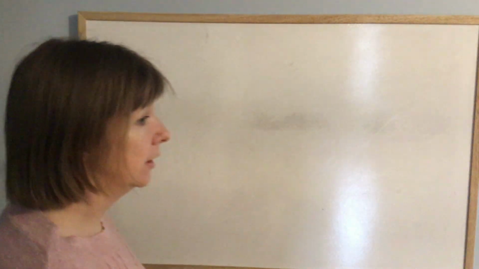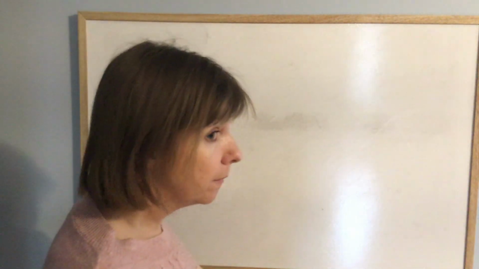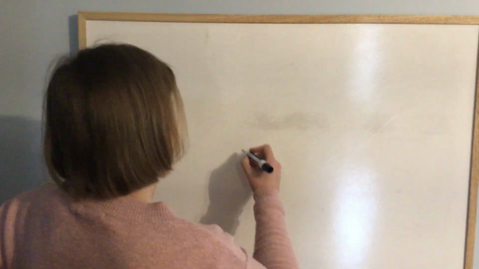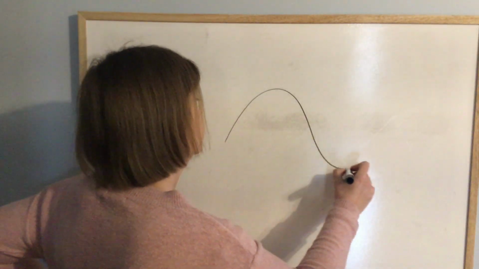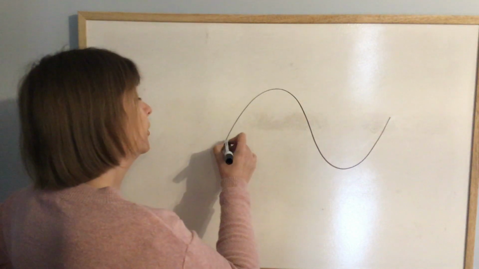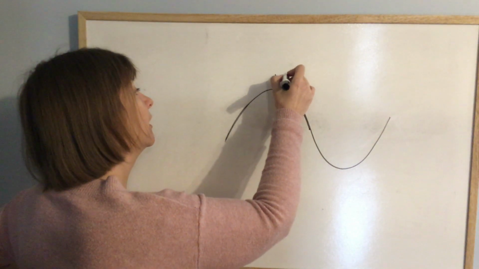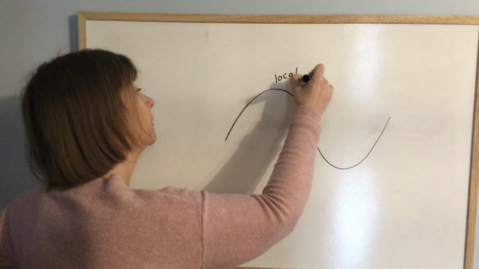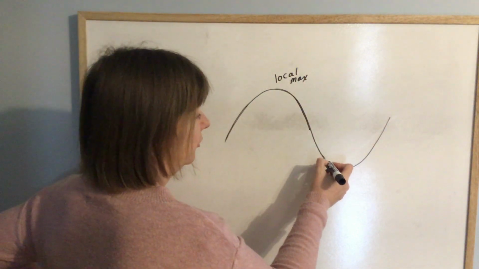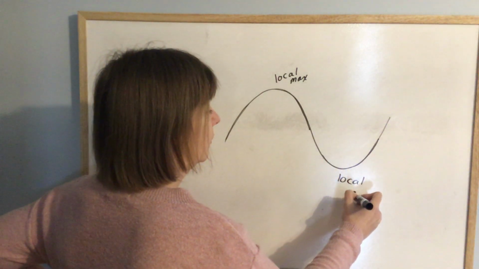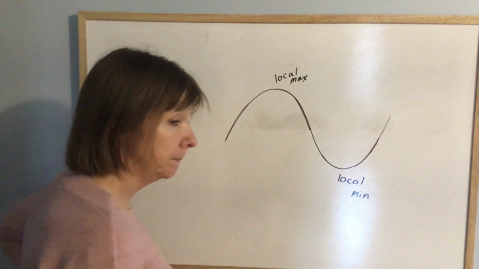So far what we know is that graphs can either increase, which means goes up, or decrease, which means goes down. And there is a point at which it changes. The point at which it changes from increasing to decreasing is a local maximum. And the point where it changes from decreasing to increasing is a local minimum.